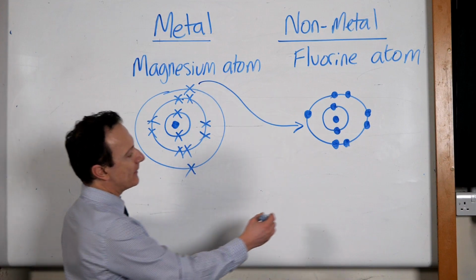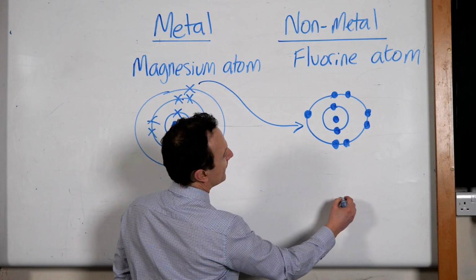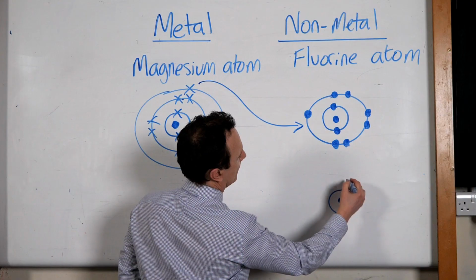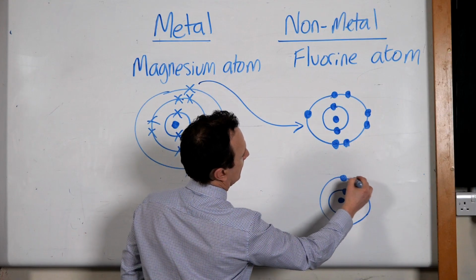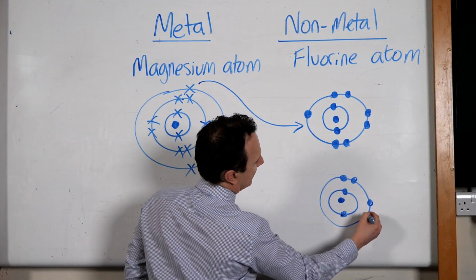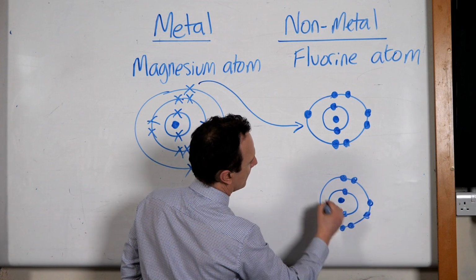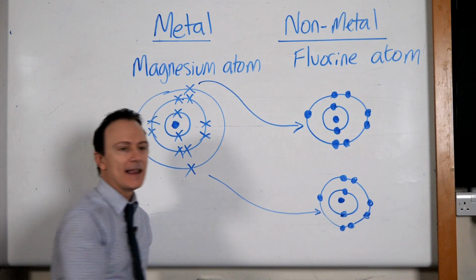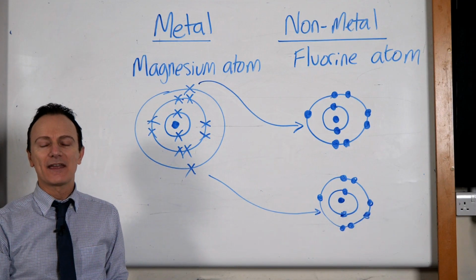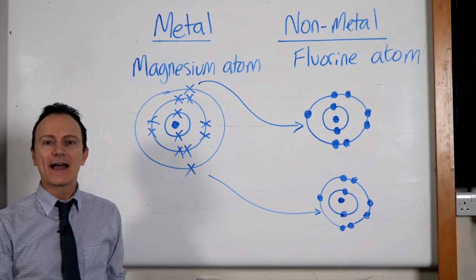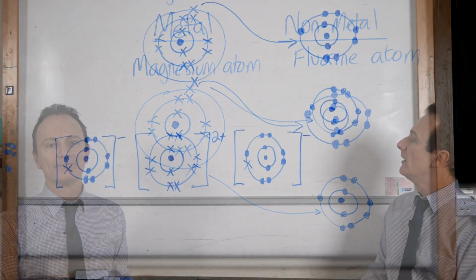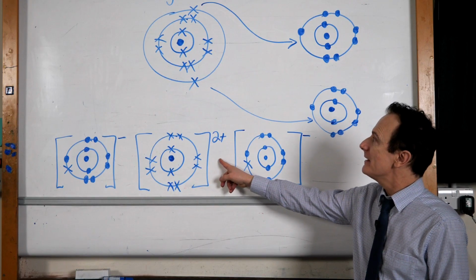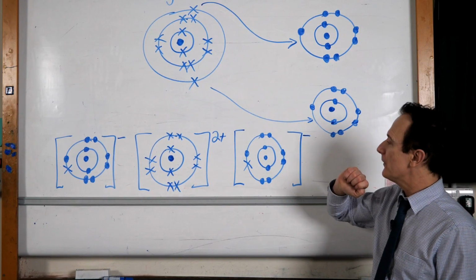So what has to happen is it needs to react with another fluorine atom. So exactly like the other one. So this one can now accept the other electron that magnesium needs to give away. And then let's have a look at the ions that they would turn into. So we can see the magnesium atom has turned into a 2 plus ion now that it's given away those 2 electrons.